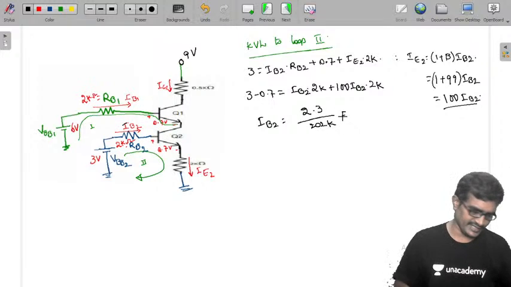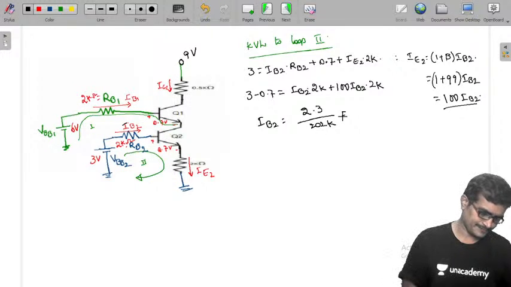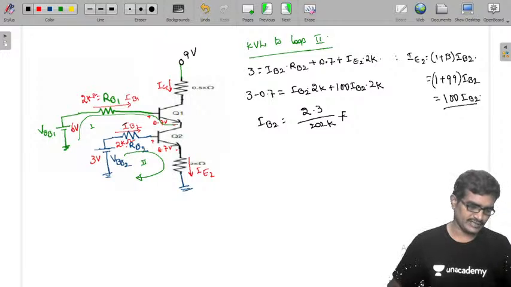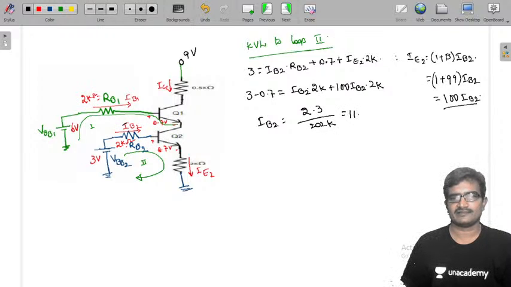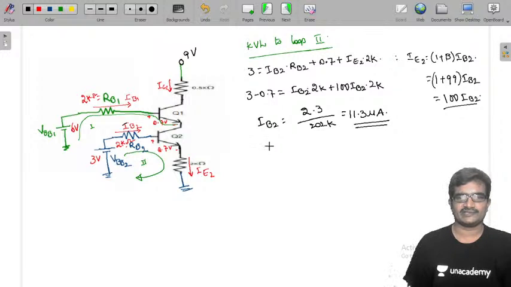Now 2.3 divided by 202 is 11.3 microamperes. Once you know IB2, you go for IC2.